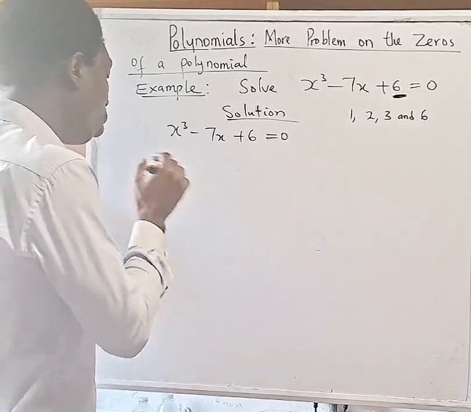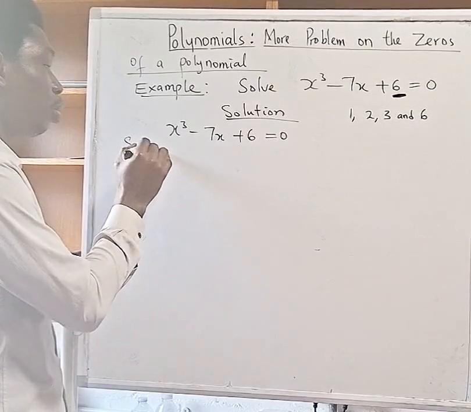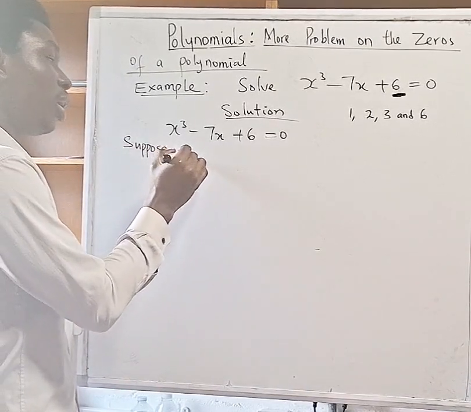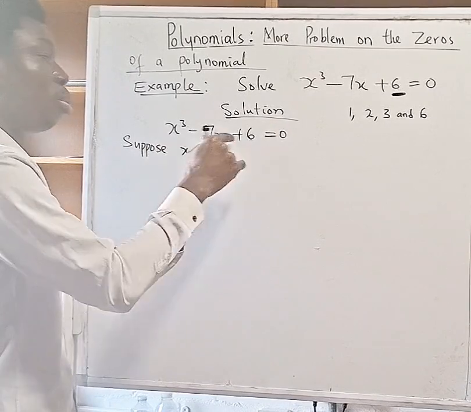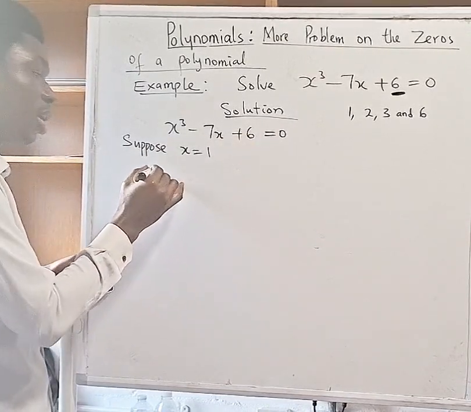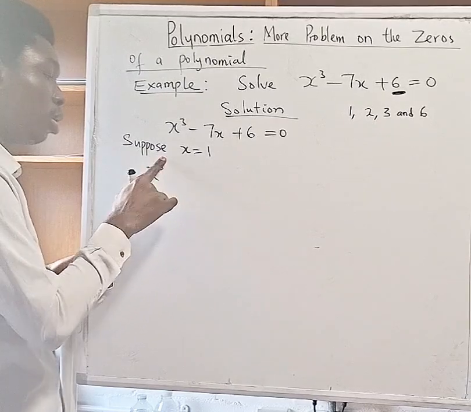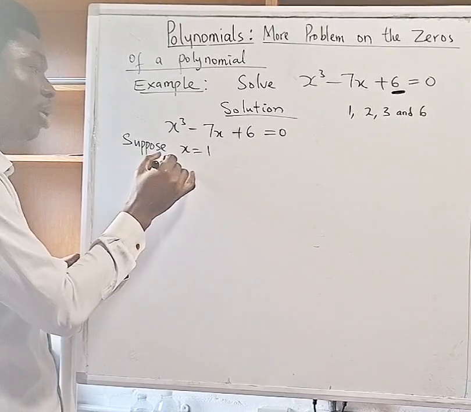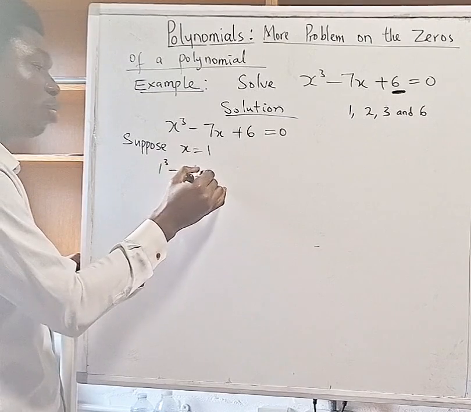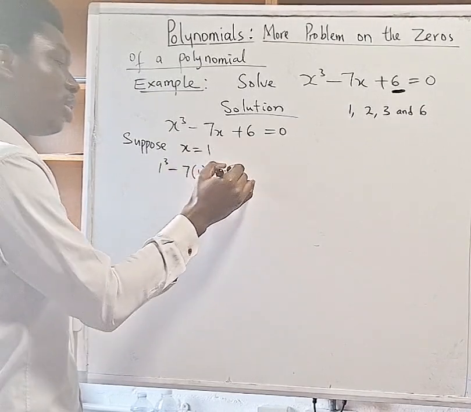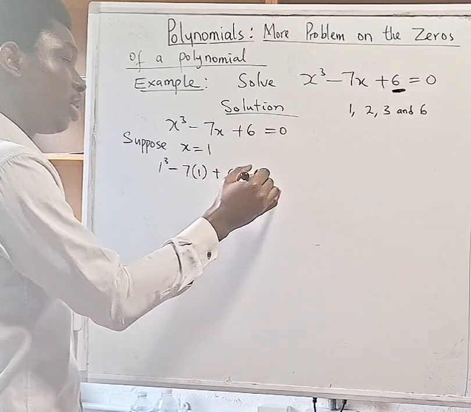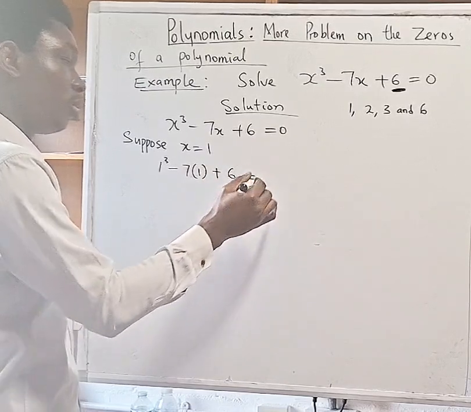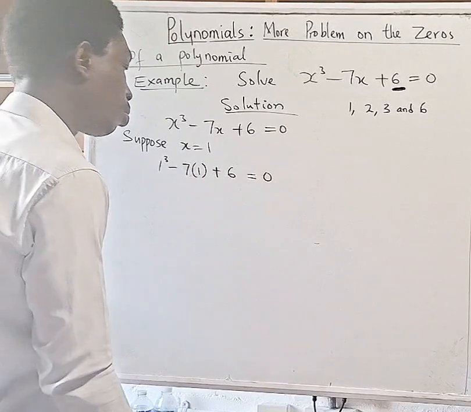So suppose x is equal to 1, we plug it in, we're going to get 1 cubed minus 7 bracket 1 plus 6 is equal to 0.